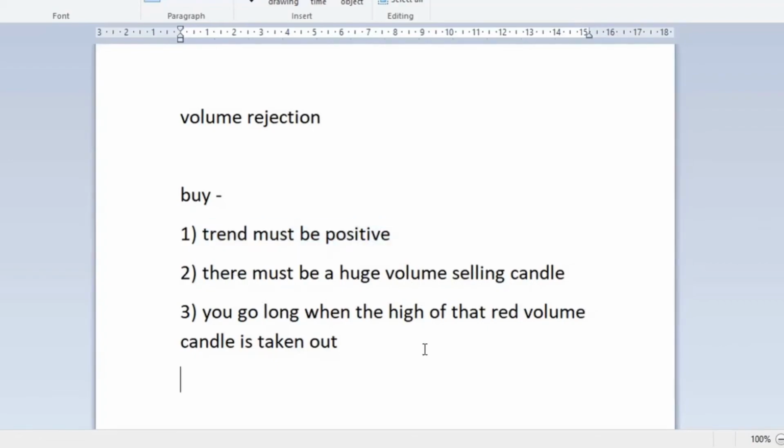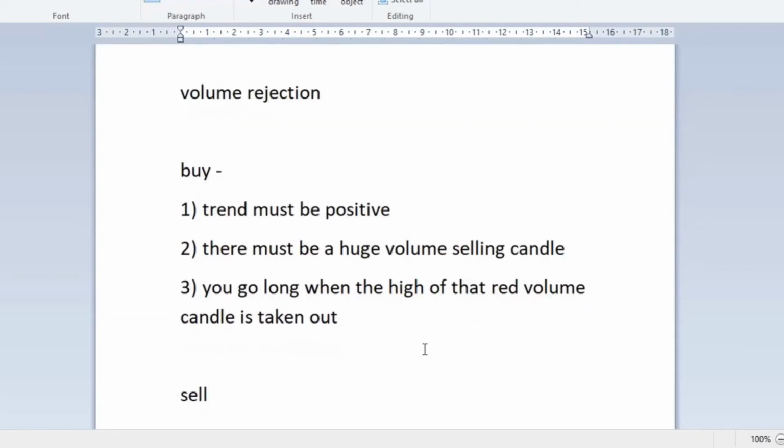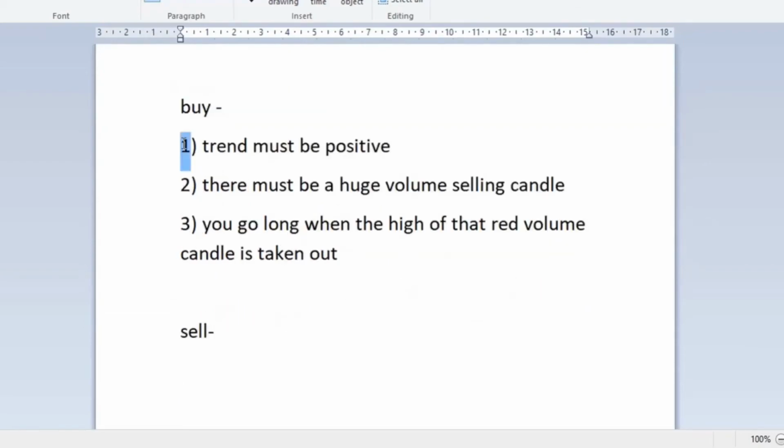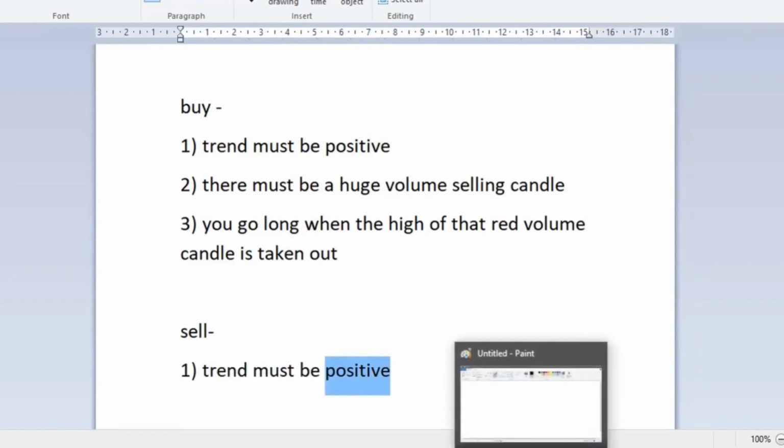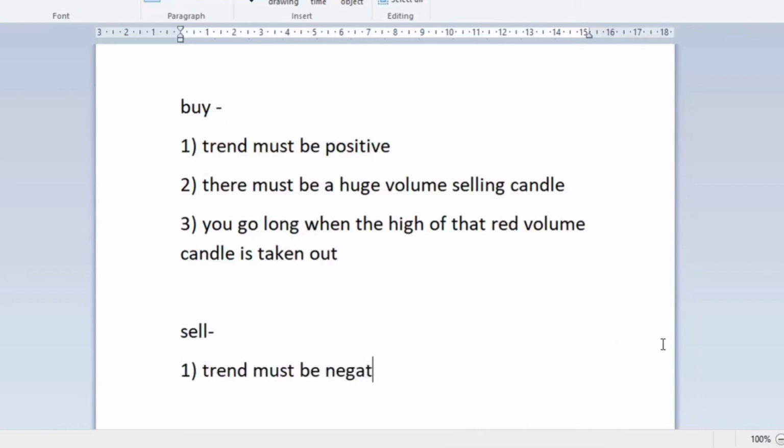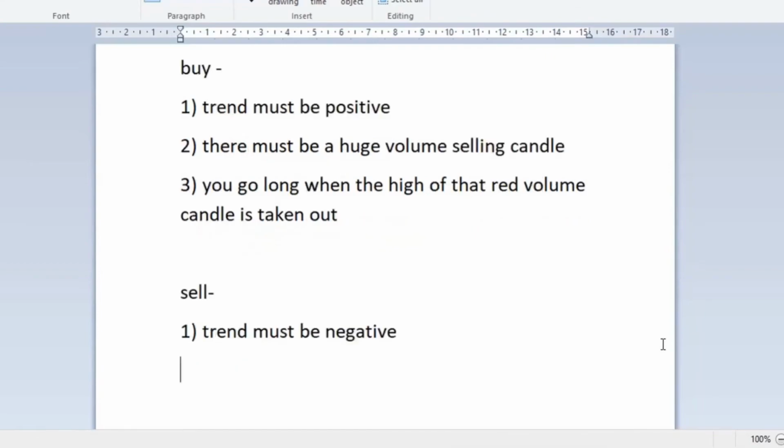Now exactly opposite of it is the condition for the sell side. Tell me, what should the trend be when we are selling? Should the trend be positive or negative? Yes, trend must be negative. So trend must be negative.